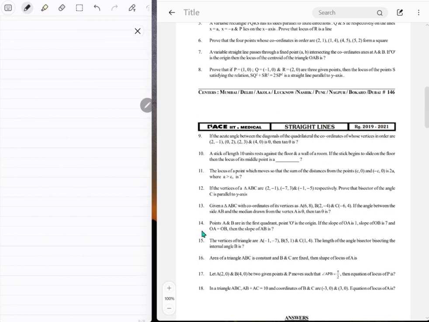Question number 15. Vertices of triangle A, B, C. Okay. Length of the angle bisector bisecting the internal angle B. Okay, this is bad.